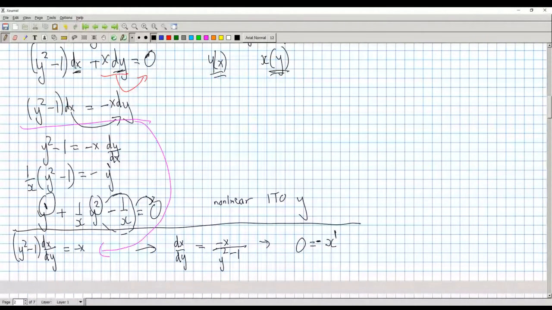So it's going to be minus x prime because I'm moving it to the left, minus 1 over y squared minus 1 times x. And this we can now see in terms of x, that the x here is to the power of 1, the x prime is to the power of 1, so we can say that this is linear. And we can also say that it is of order 1, so it's first order.